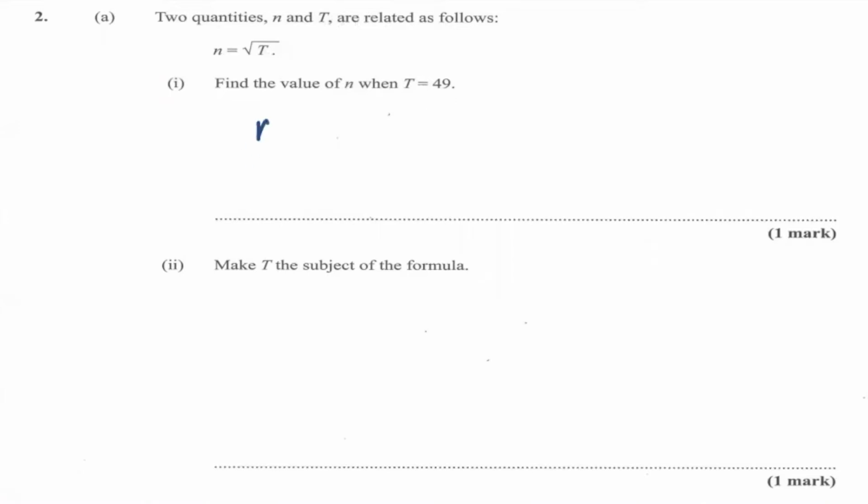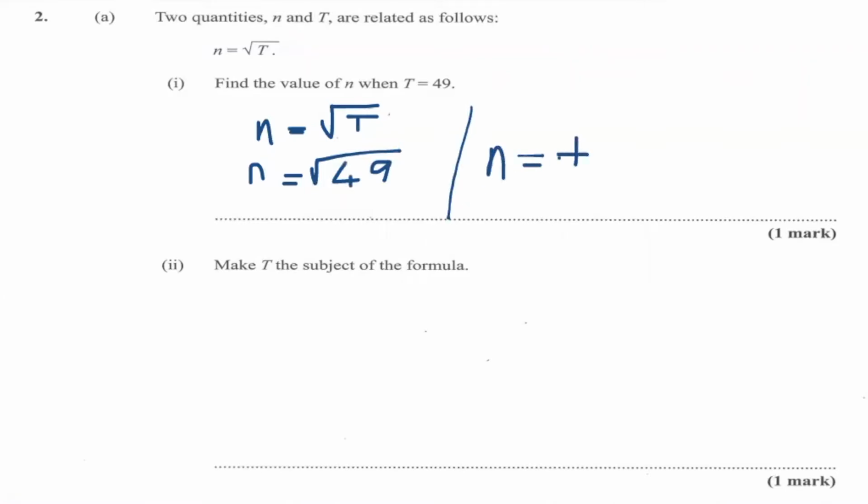So n is equal to the square root of t, and since t is 49, n is equal to the square root of 49. Whenever we find the square root of a number, it's going to be plus or minus. So n is equal to plus or minus 7. Now, we are going to take the positive value of n. So therefore, n is equal to 7.